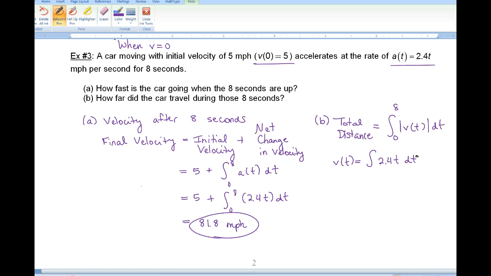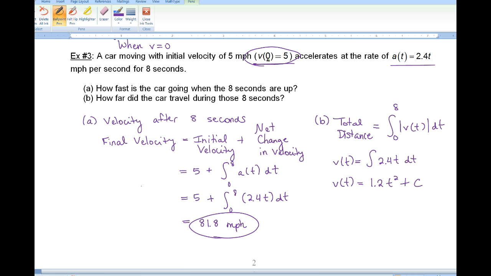Okay, so this one, we actually do have to do a little bit of integration, but it works out easily. So, what's the antiderivative for 2.4t? It's going to be 2.4t squared over 2, which ends up being 1.2t squared plus c. By the way, we could have solved this by finding the velocity function also.